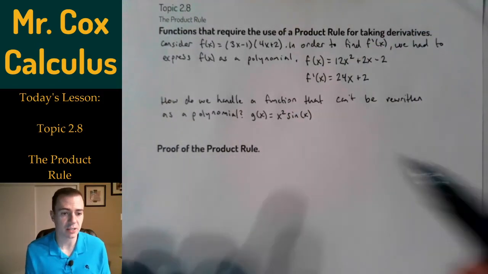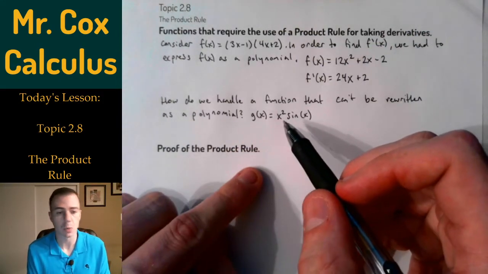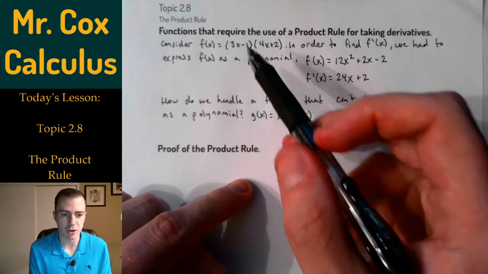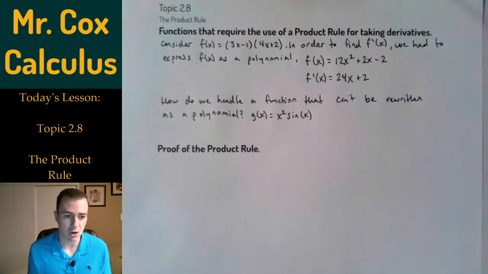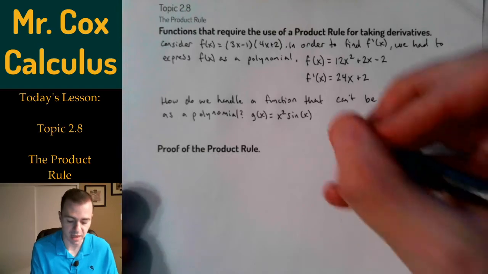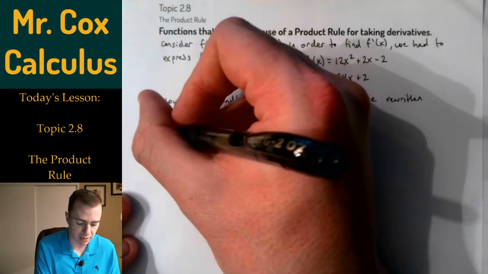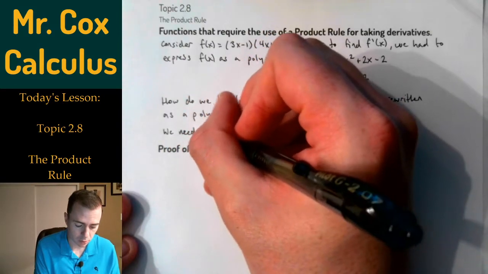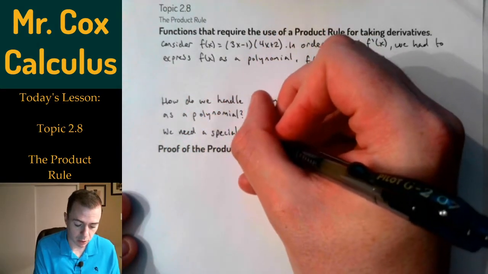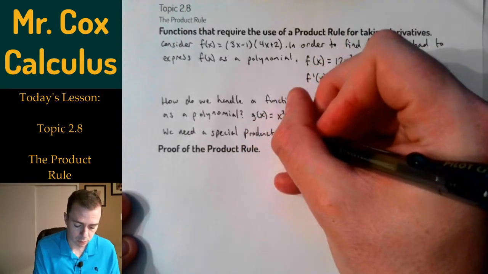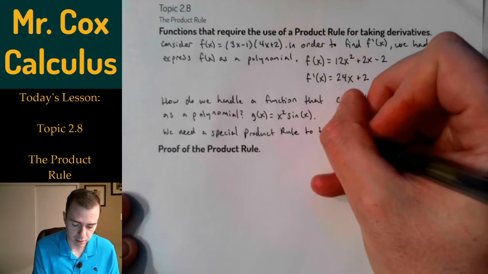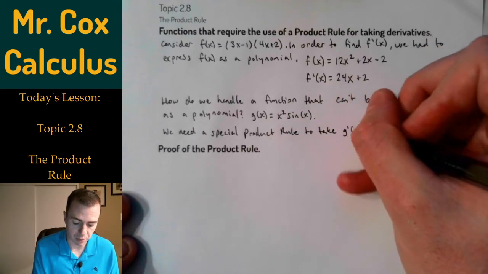That is a product of two functions. It's the product of x squared times the sine of x. I can't do a polynomial expansion with that the way I did here. I'm kind of stuck at x squared sine of x. There's no rewriting that. And so what we need now is a special rule called the product rule.